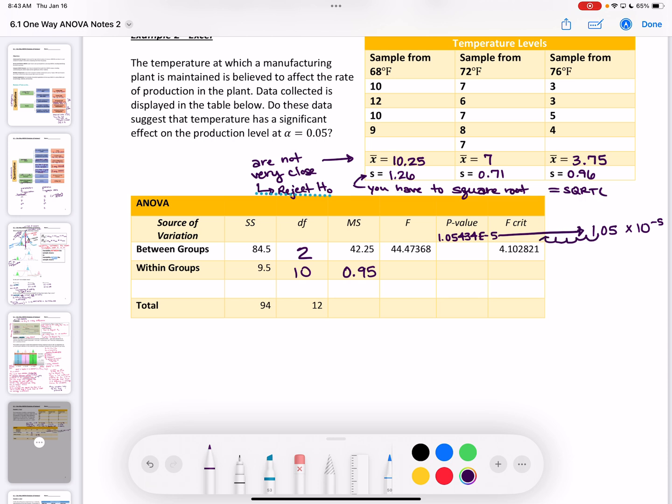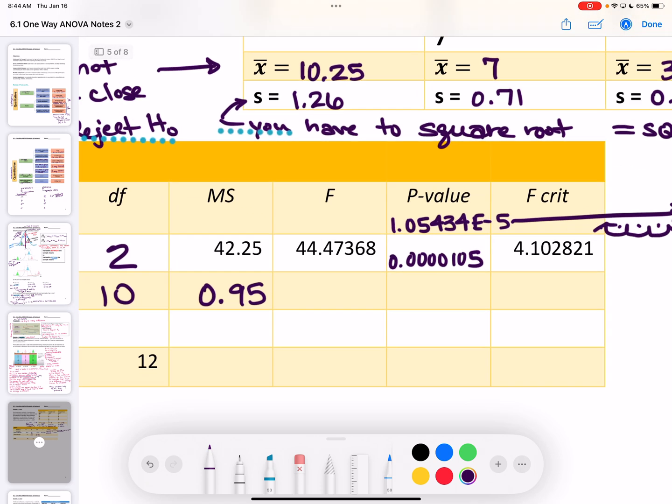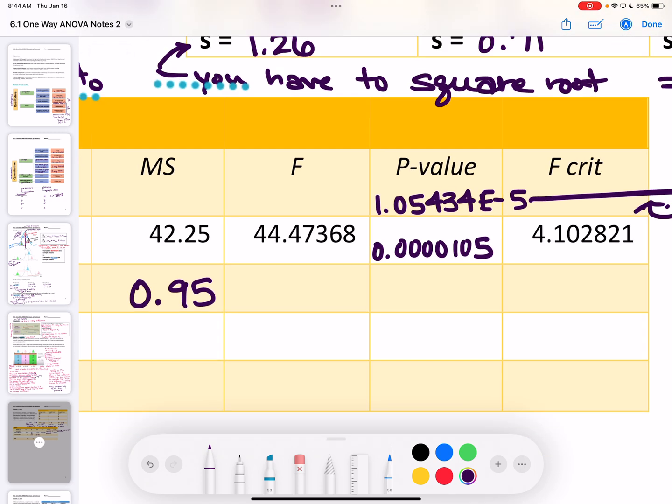So if you move it 5 times, that's going to put 1, 2, 3, 4 zeros in front of it. So right here for my p-value, I'm going to put 0.0000105. Okay? Questions on that? All right.